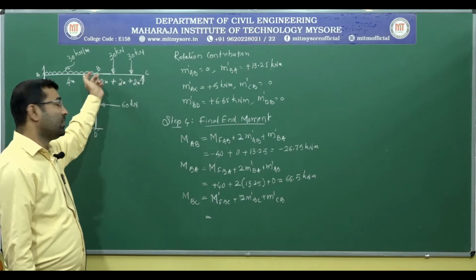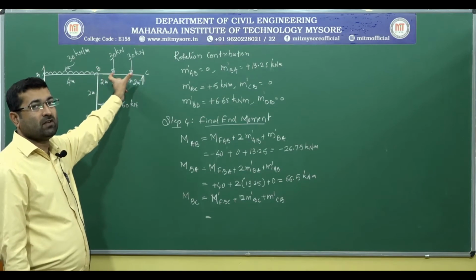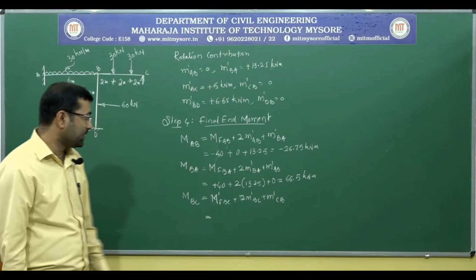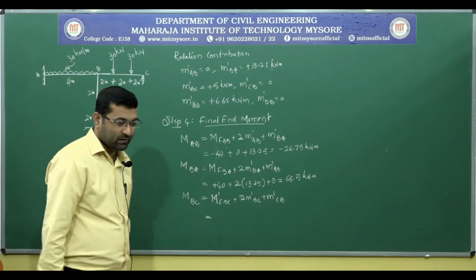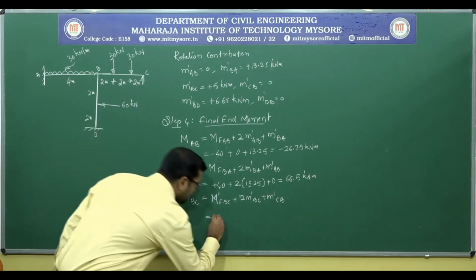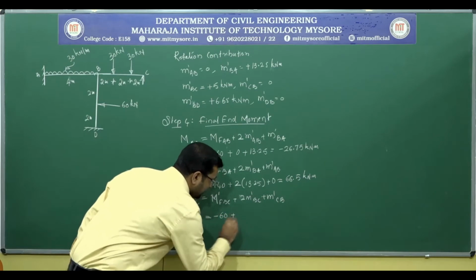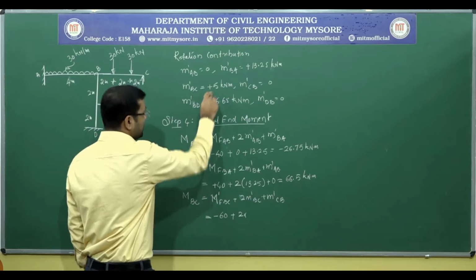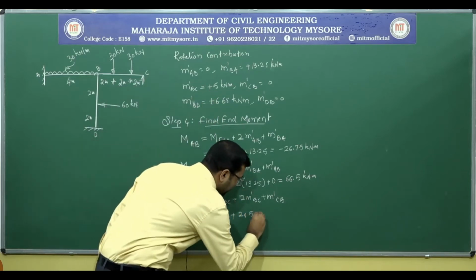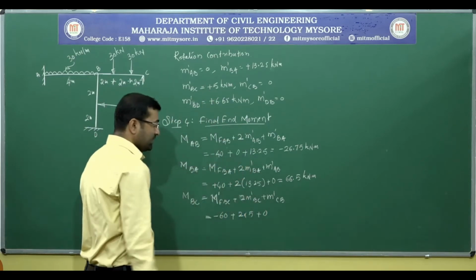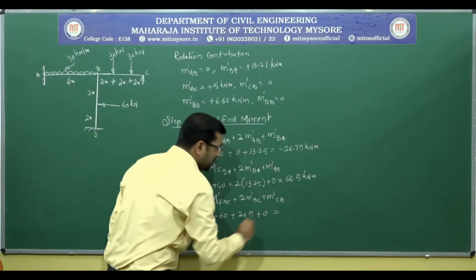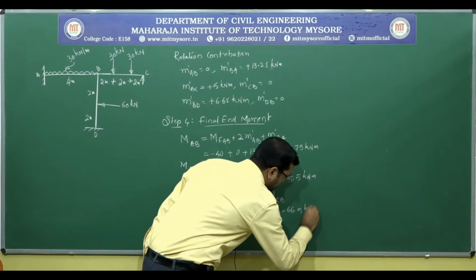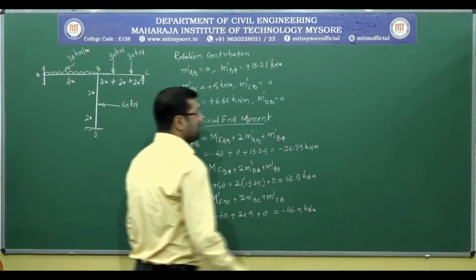Because of that, we have modified the fixed end moments for span BC. So the modified fixed end moment here is minus 60, plus 2 times M dash BC. M dash BC is 5, so 2 into 5, plus M dash CB which is 0. This gives us a value of minus 66.5 kilonewton meter.